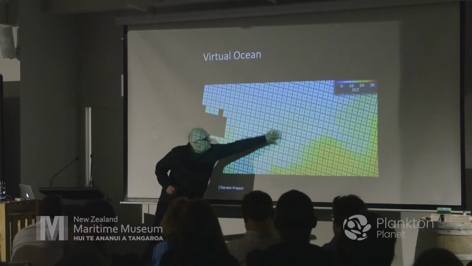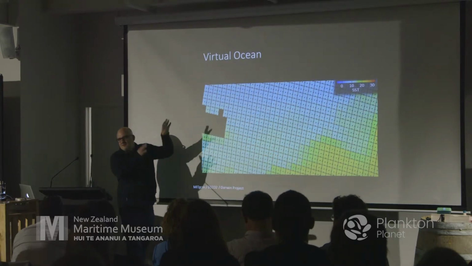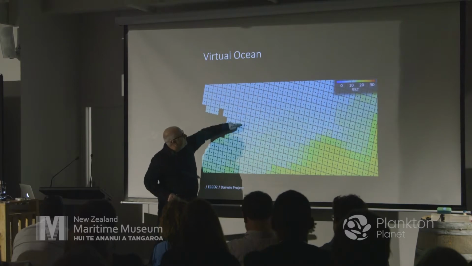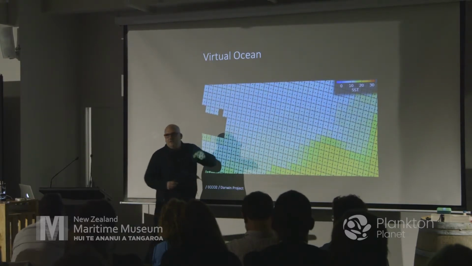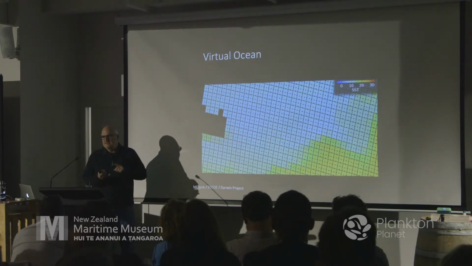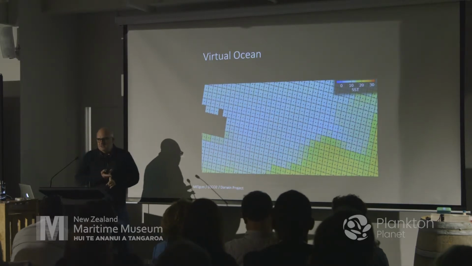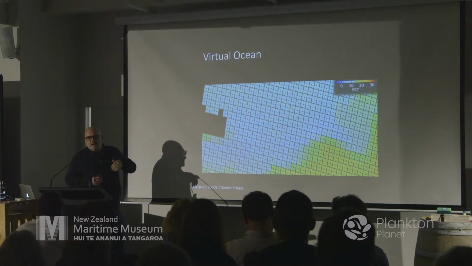So here's George's Bank. Here's virtual Massachusetts. It's like a computer game, so it looks a bit blocky. We've divided the world up into 20 by 20 kilometer squares. And in each of those squares, we have a series of equations to describe the changes in temperature, salt, plankton concentration, nutrient concentration, and we solve them in time, but we can do it much more quickly than Riley could.